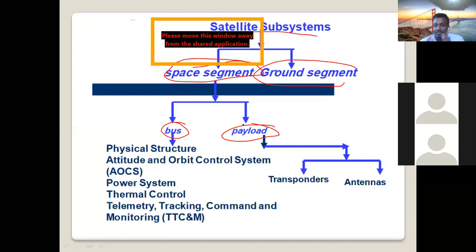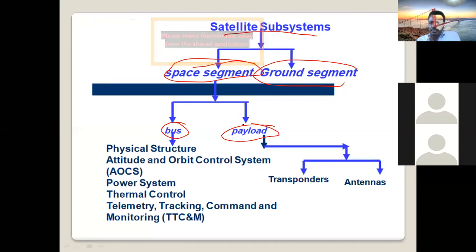The equipment devices in orbit are again categorized into bus and payload. So payload means equipment used for communication services, right? Or remote sensing service. Equipment like transmitter or antenna or transponder, all these equipments which are intended to provide communication service, we classify as payload.